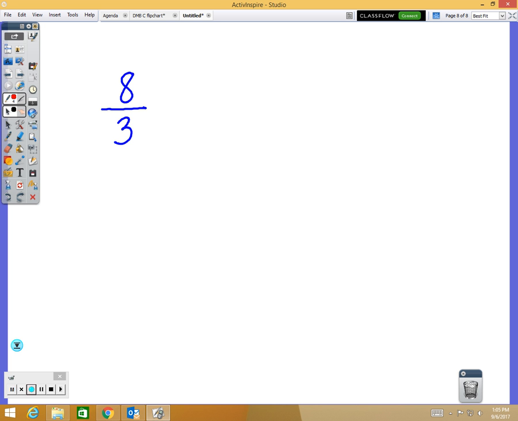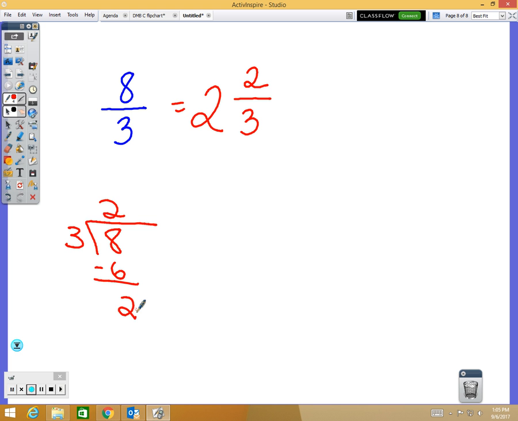How many times will 3 go into 8? 2 times. 2 times 3 is what? 6. So how many would be left over? And your denominator stays a 3. 2 and 2/3. Again, if you need to do this, do it. There's nothing wrong with it. 2 times 3 is 6. 2 left over. So 2 is your whole number. 2 and 2/3. There it is.